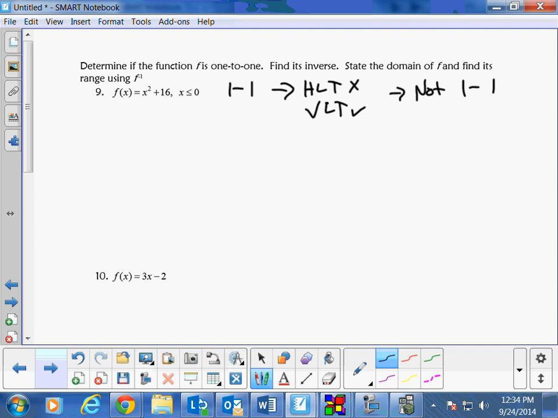Now, how do you find its inverse? Well, first of all, we're going to have to do the inverse part. We're going to switch x's and y's. So x and y will switch places, and we solve for y. And we also have to state the domain of f and find its range using the inverse of it.